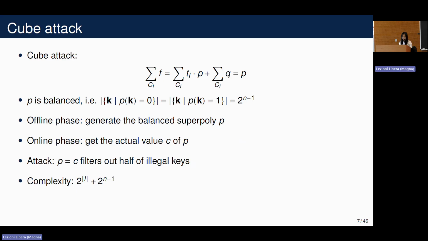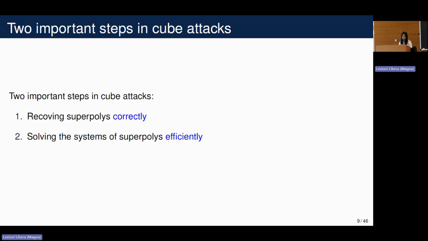After obtaining the equation, we could filter out half of the illegal cases, and the complexity is this. More superpolys may lower these complexities. There are two important steps in cube attacks: recovering superpolys correctly and solving the systems of superpolys efficiently.